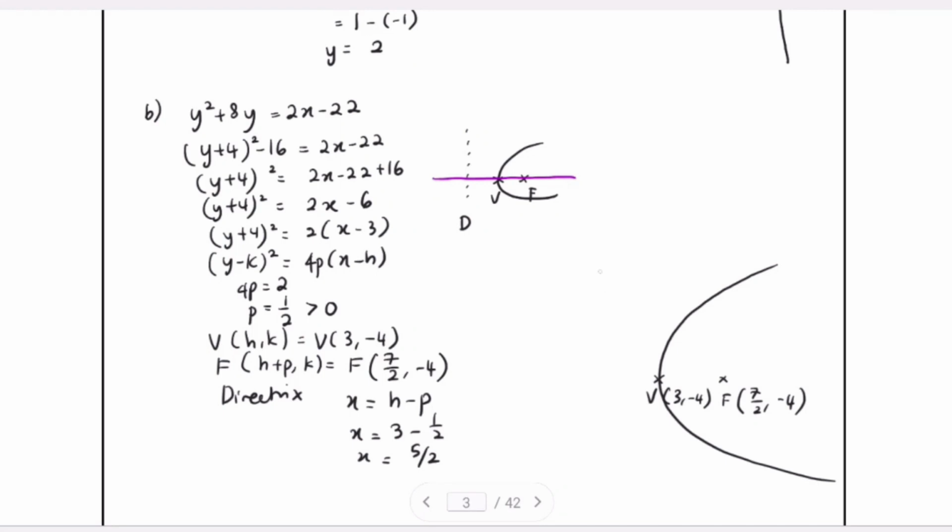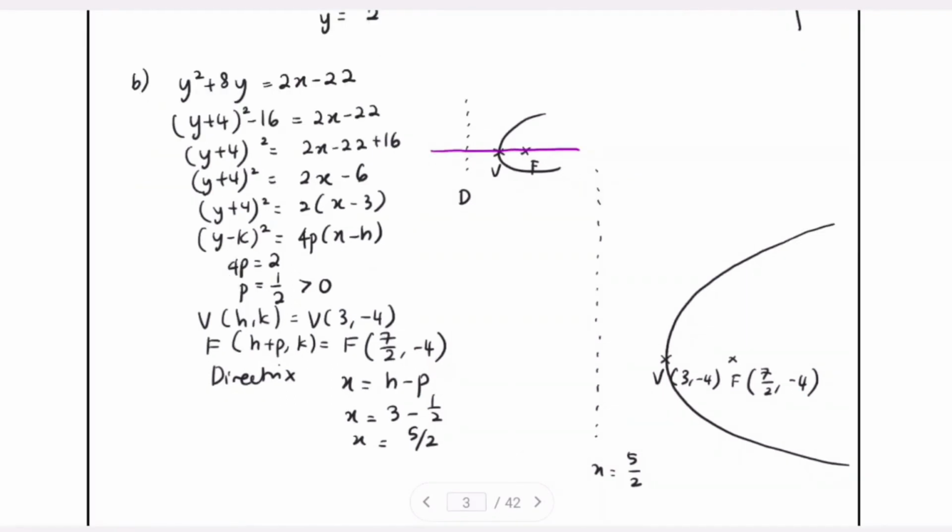Okay, the directrix is x equals 5 over 2. Let's sketch the x and y axis. So the y axis is this, and the x axis is looking like this. Alright, so that's the graph.